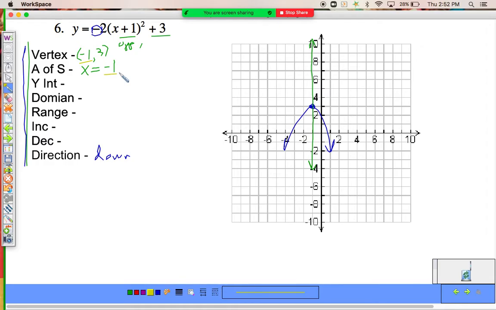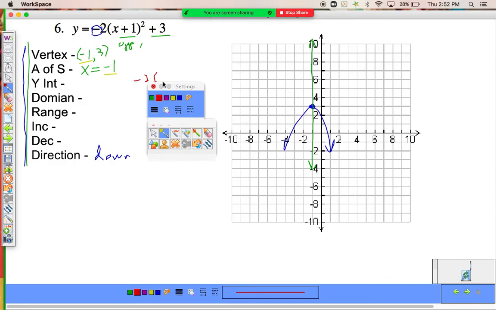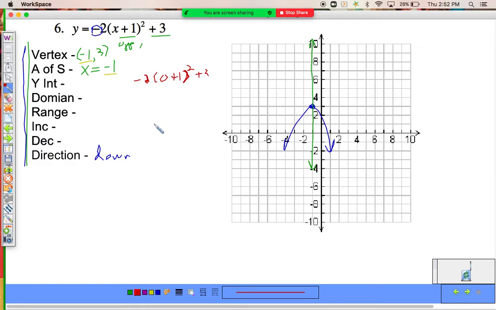All right, do me some quick math. Find me the y-intercept. Yeah, I believe it should be a positive 1, not a negative 1.